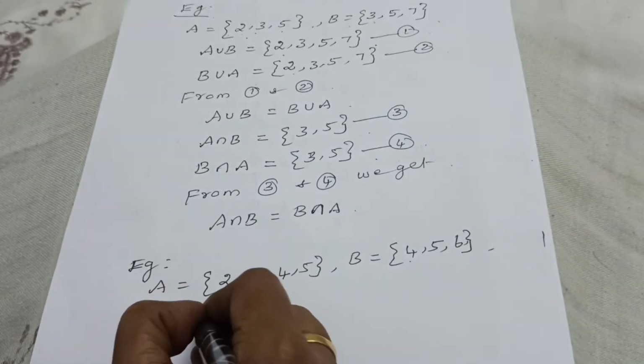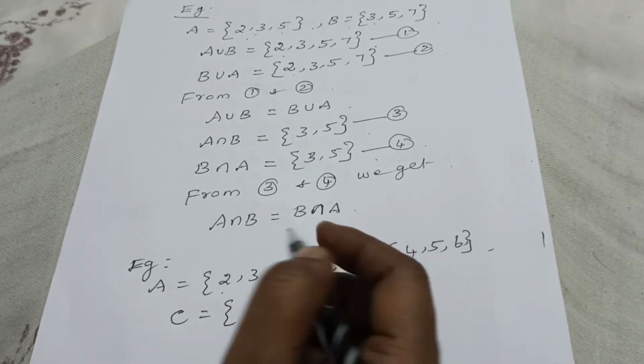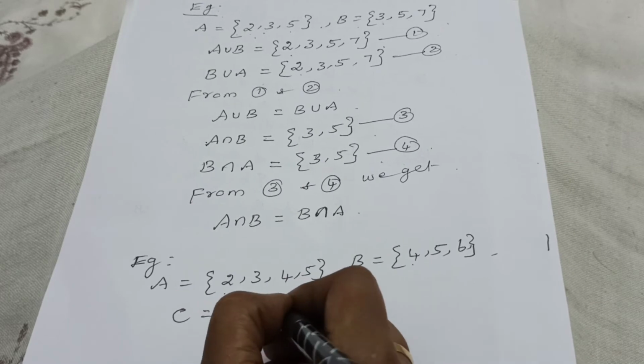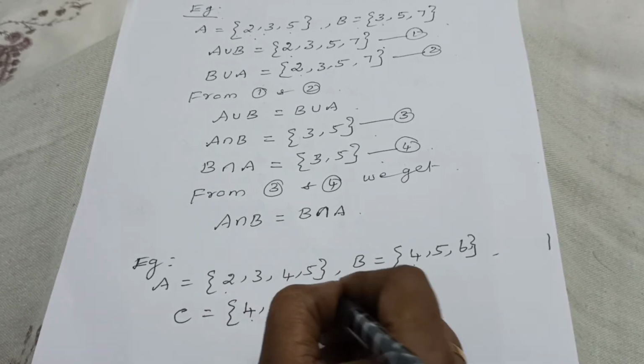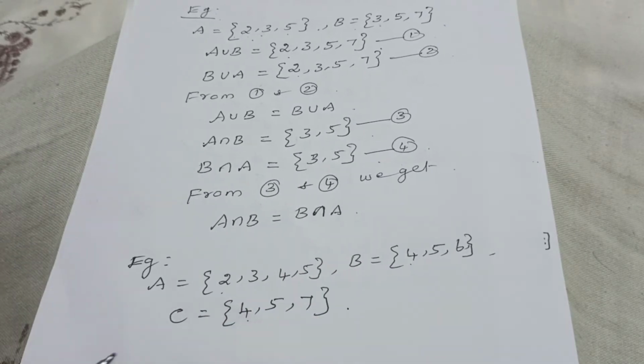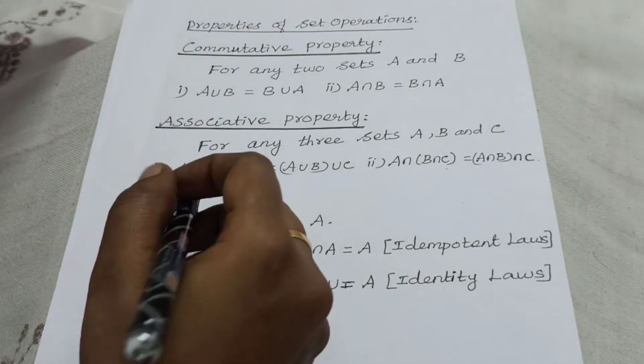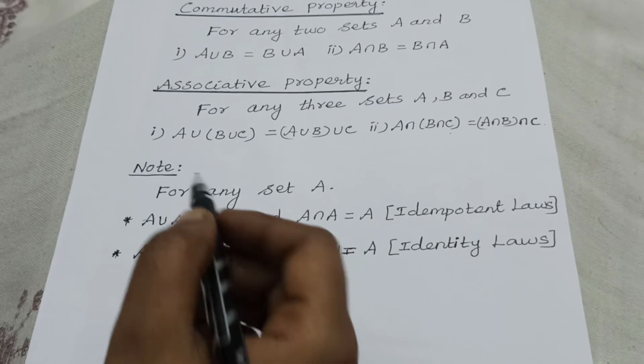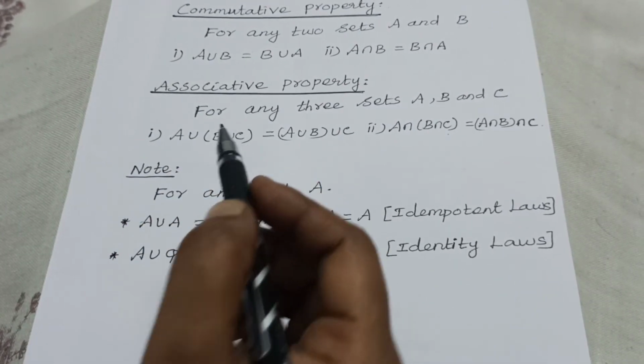Then C is equal to another set, you can write here 4, 5, 7. Shall we check? First one is A union (B union C), isn't it?